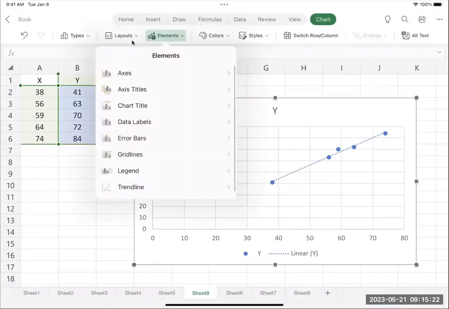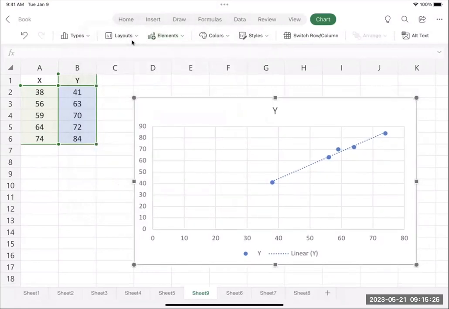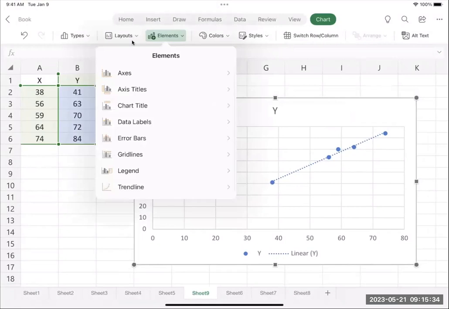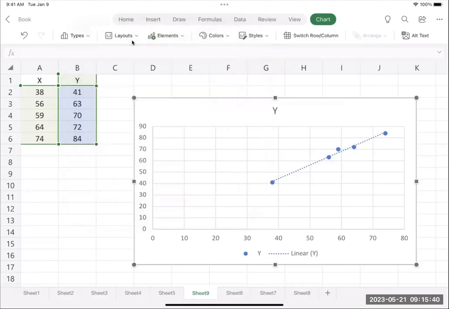This is the problem with doing this on my iPad. In the regular Excel, you can choose to show the line. Okay, I'm going to have to do this on my computer as well.